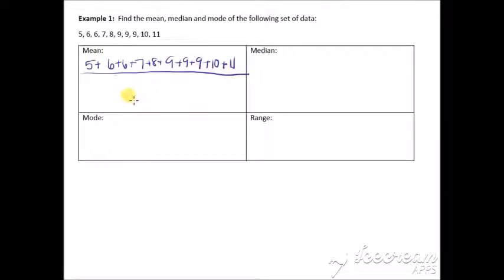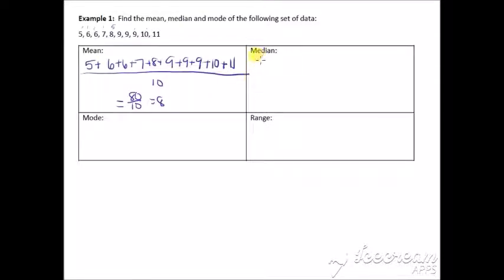And we have to divide it by the number of points. So we have 1, 2, 3, 4, 5, 6, 7, 8, 9, 10. So we're going to divide that by 10. Okay, and what I get is 80 over 10. So I get 8. Okay, so the average is 8.